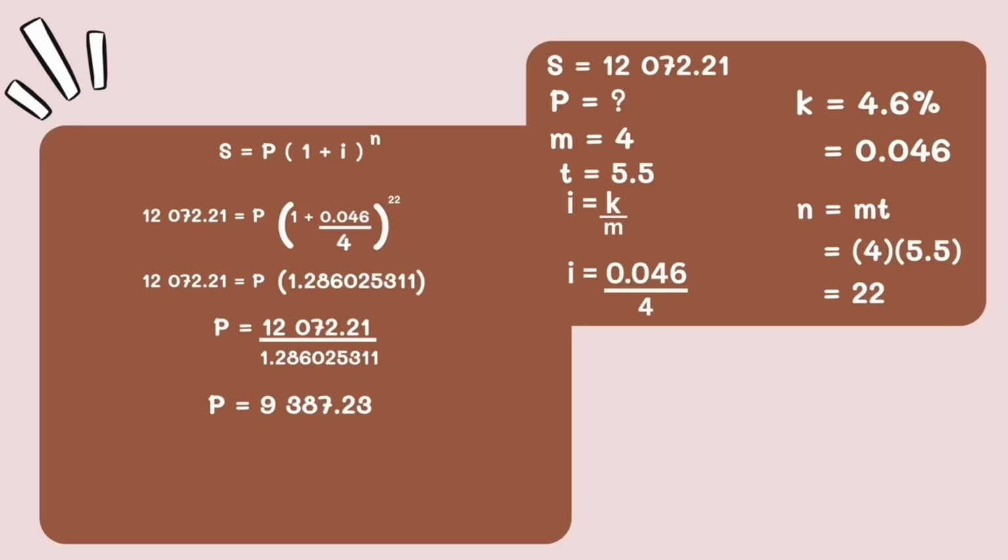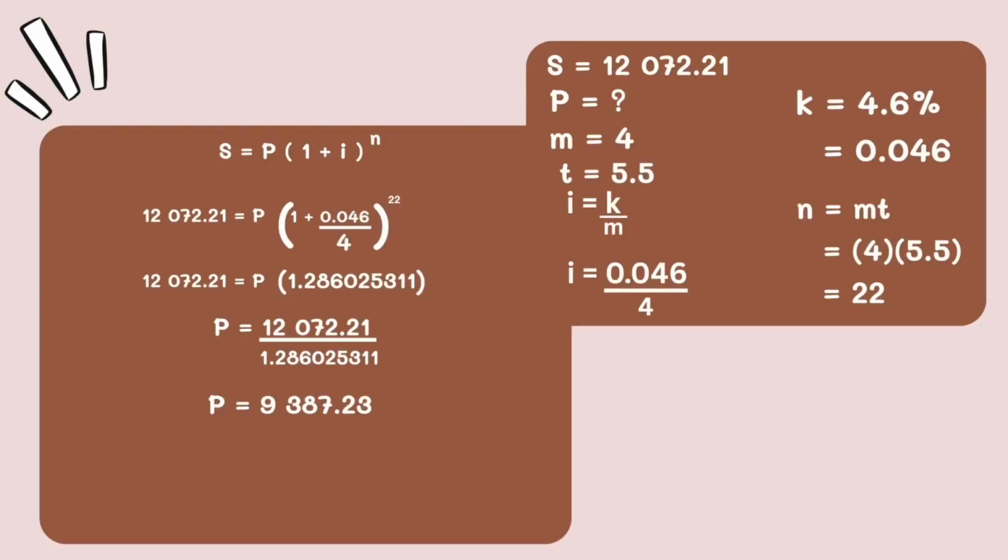Given S equals RM12,072.21, m equals 4, t equals 5.5, i equals k divided by m, which is 0.046 divided by 4, k equals 4.6%, which is 0.046, n equals m times t, which is 4 times 5.5 equals 22. So we will insert all the information to the formula.